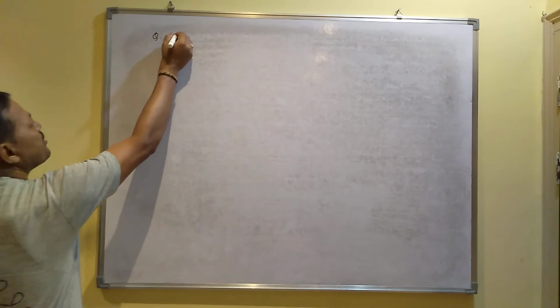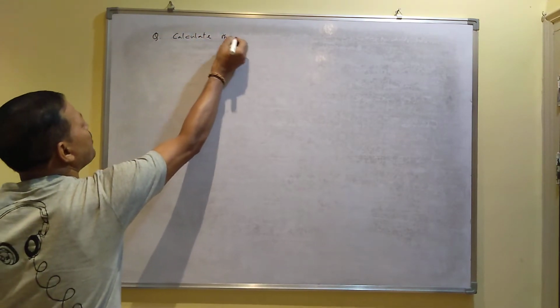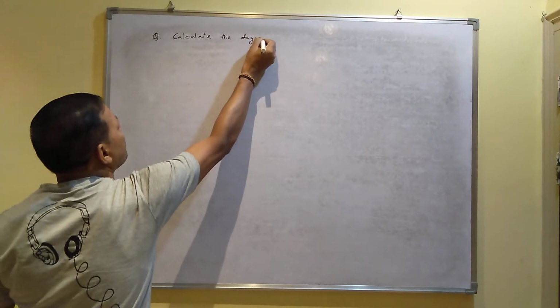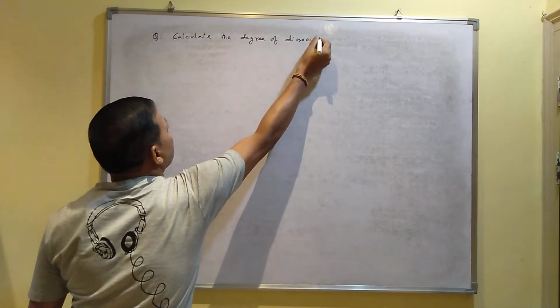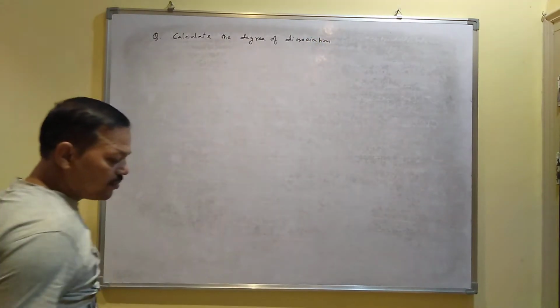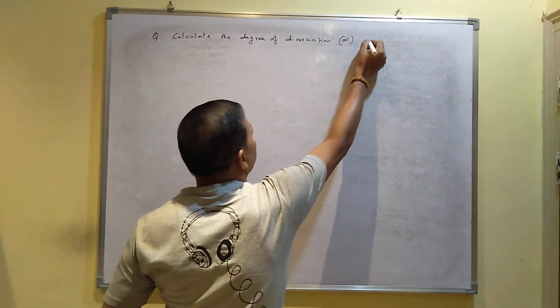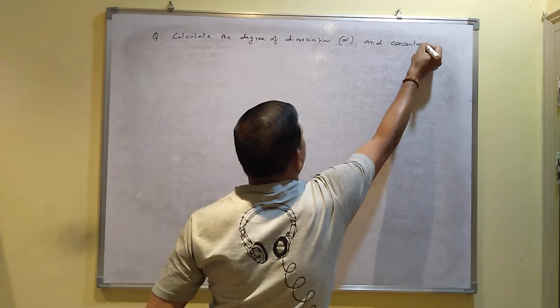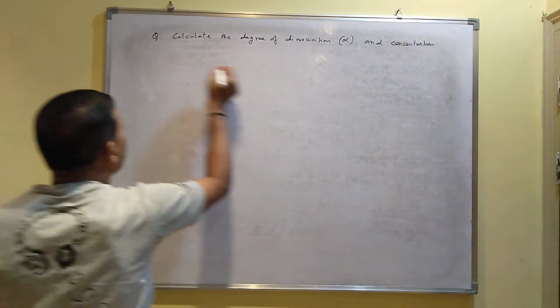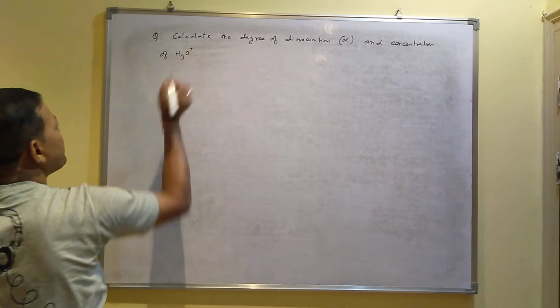The question is, calculate the degree of dissociation, I mean alpha, and the concentration of hydronium ion H3O plus.